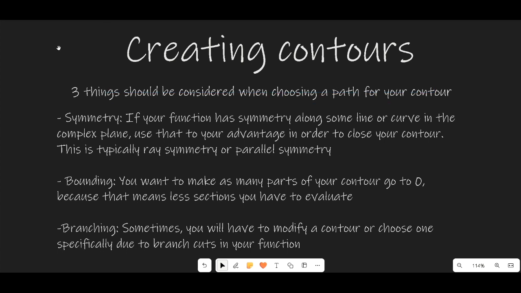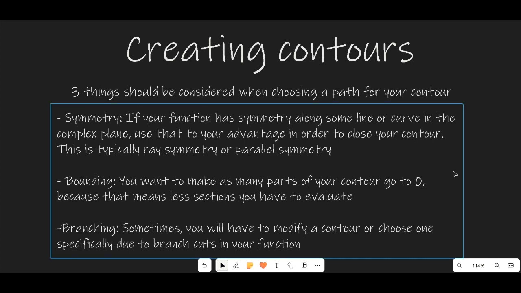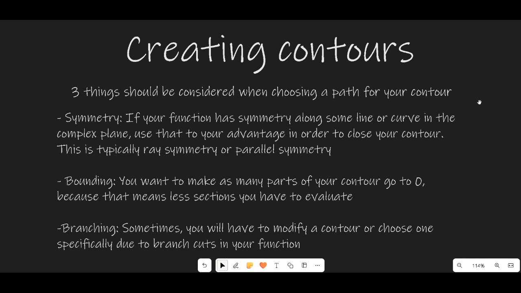Now, what we mean by ray symmetry or parallel symmetry is essentially if you have multiple lines that come out from the origin that have some sort of similarity on them. So, for example, if your function acts very similarly on the line running from x equals 0 to positive infinity, and it looks very similar to that on the line from x equals 0 to x equals i infinity, then you should probably be using that symmetry to your advantage in order to close your contour, because, of course, we want to make evaluating a contour integral as easy as possible.